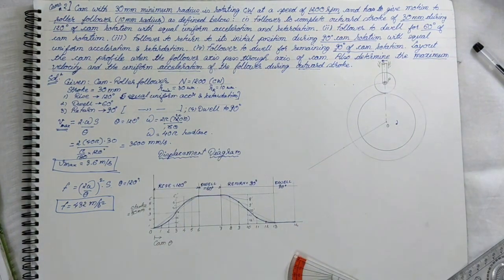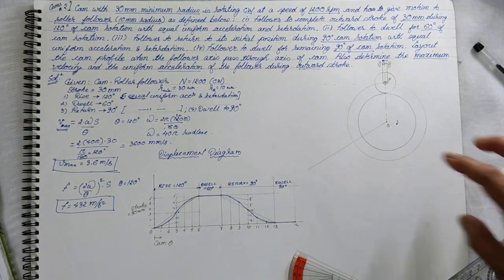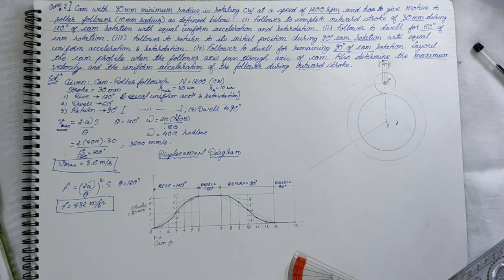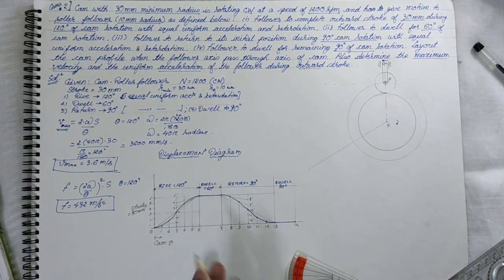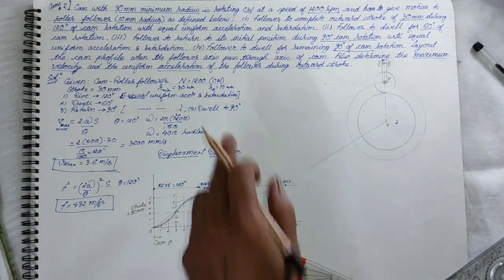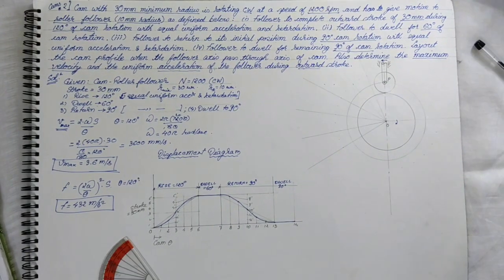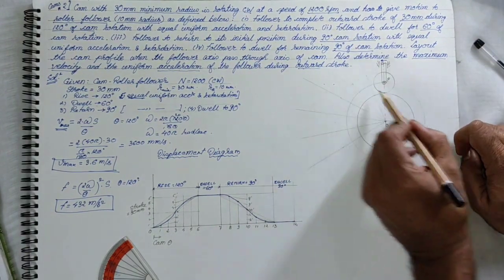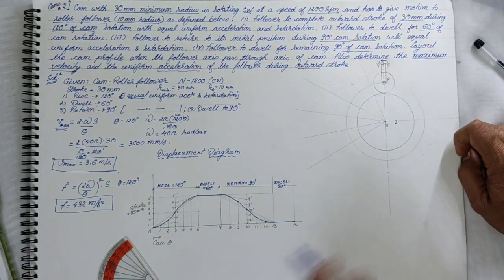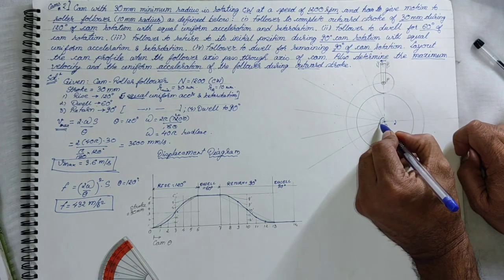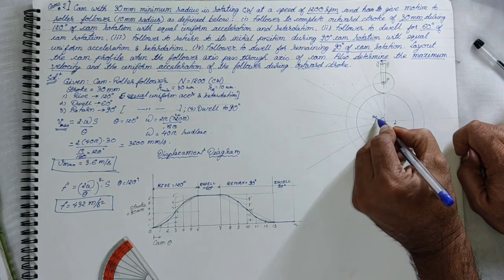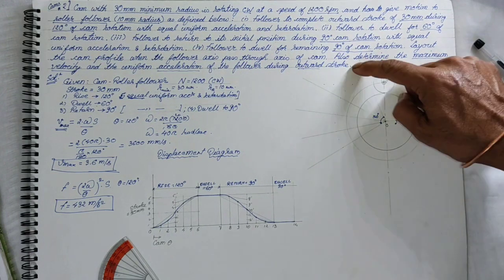This is the rise. So now we divide this 120 degrees into 6 steps. So we divide this into 6 parts and draw the lines of action here. So this is the rise of 120 degrees into 6 steps.